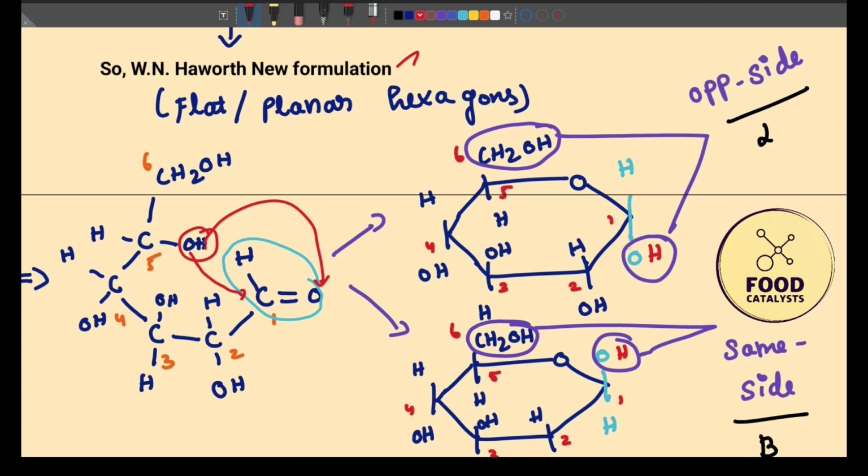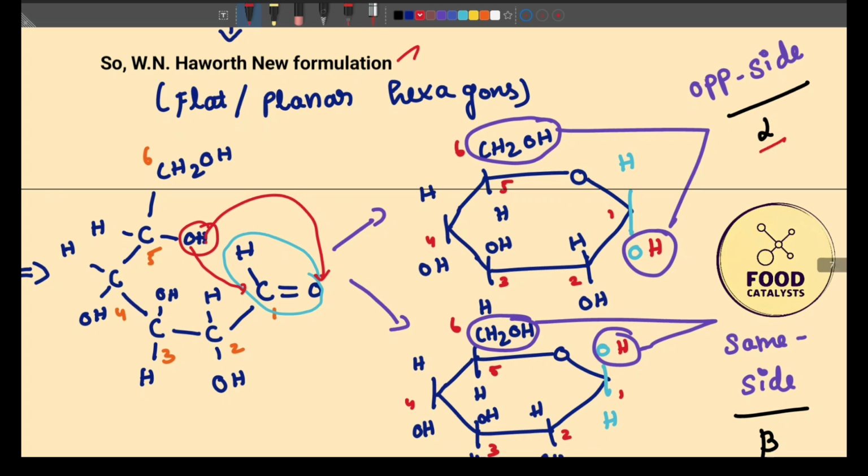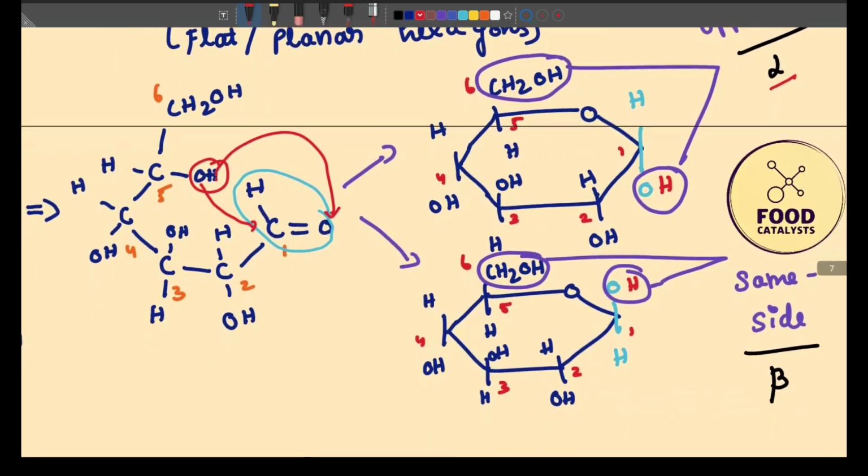If the OH is on the opposite side of the CH2OH, then it is alpha. If the OH is on the same side, then it is beta. So according to where the OH is present relative to the CH2OH, we can say whether it is alpha or beta. This is an easy way to understand. So now you have understood it.